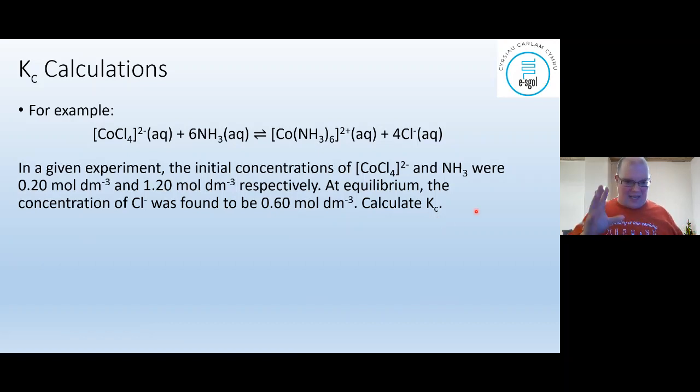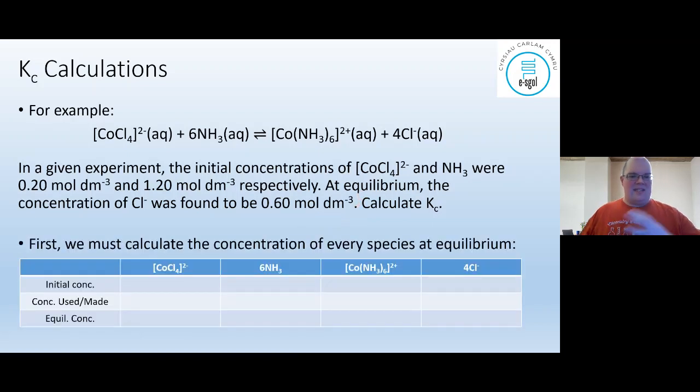Calculate Kc. So this is a question where we have to work out the concentrations at equilibrium and then calculate Kc, because they've only given us one value of concentration at equilibrium, and that is the chloride. Okay, so that's all they've given us.